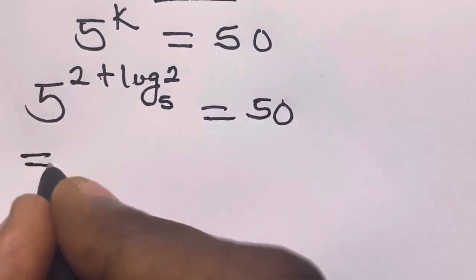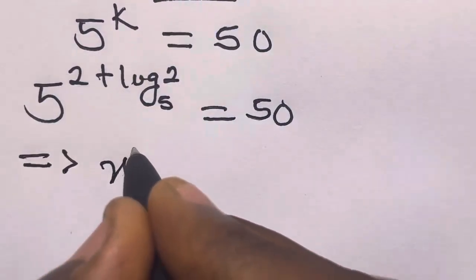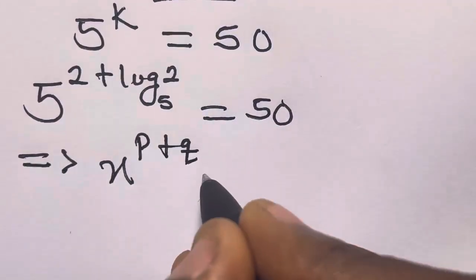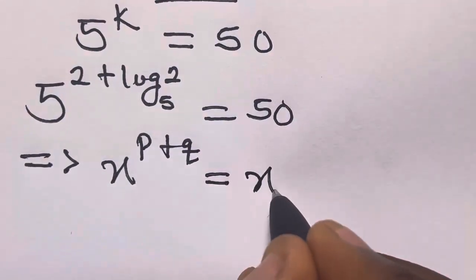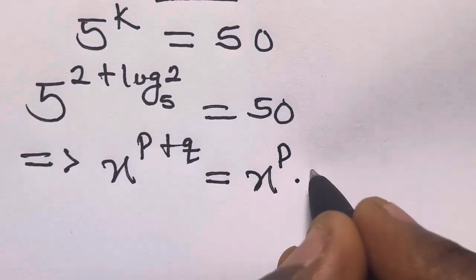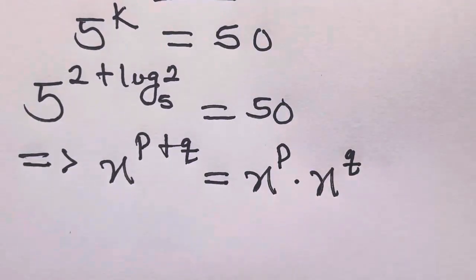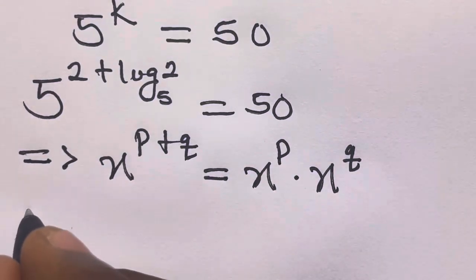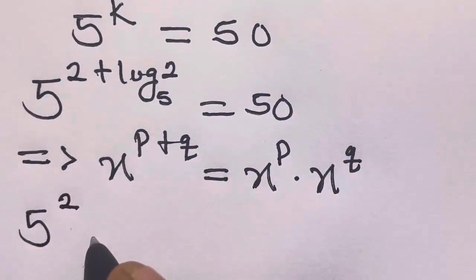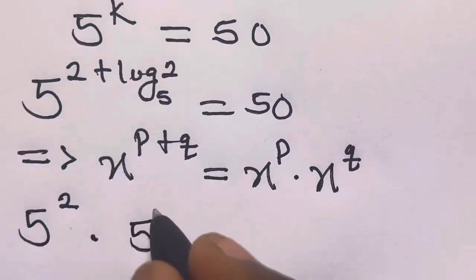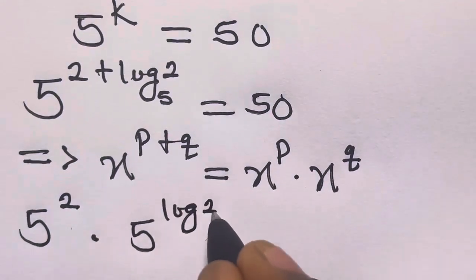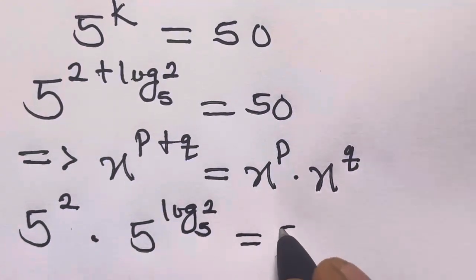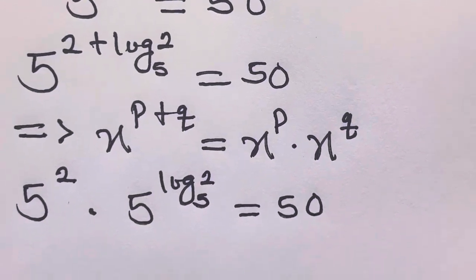But don't forget, from our law of indices, if we have s raised to power p plus q, this equals s raised to power p times s raised to power q, right? So applying this, we have 5 raised to power 2 times 5 raised to power log 2 in base 5 equals 50.